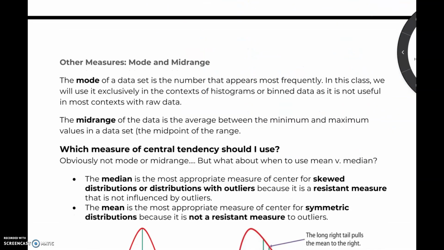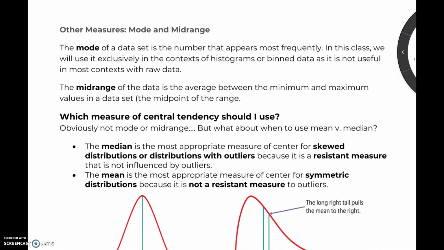And just to finish up looking at those different measures of center, we have the mode, which is the most commonly used value. Again, that would be our peak on the histogram. Or if we have a frequency distribution for categorical data, like which one is the most common eye color? Maybe we have 20 students with brown eyes, 2 students with blue eyes, maybe 5 with hazel eyes, and 5 with green eyes.